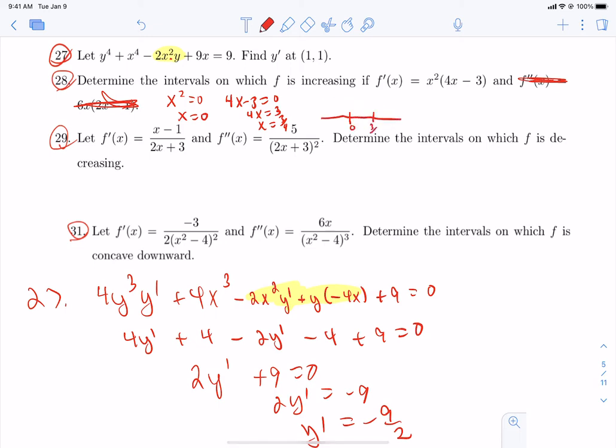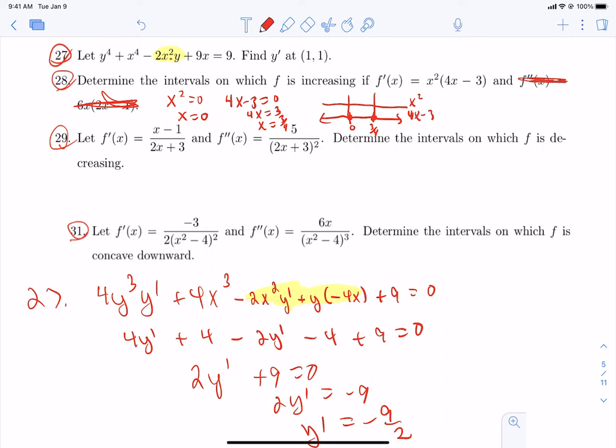Make a number line, put them in least to greatest order. Now these are just polynomial points. They exist. They're wonderful. Put a closed circle. And now put the factors on the side, x squared and 4x minus 3.